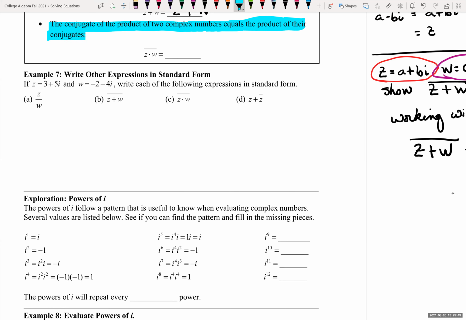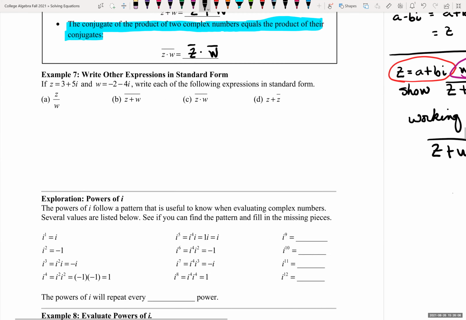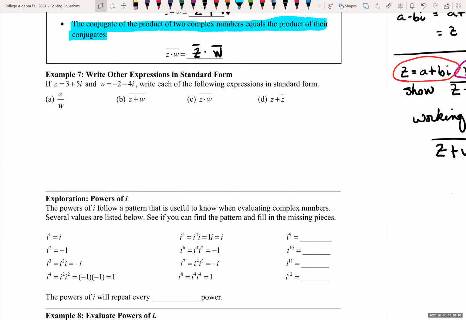So if I take two complex numbers, multiply them together and take their conjugate, this is saying that this is the same thing as taking the conjugate of the first times the conjugate of the second. Okay. So again, you should be able to go through and prove that this is a true statement.